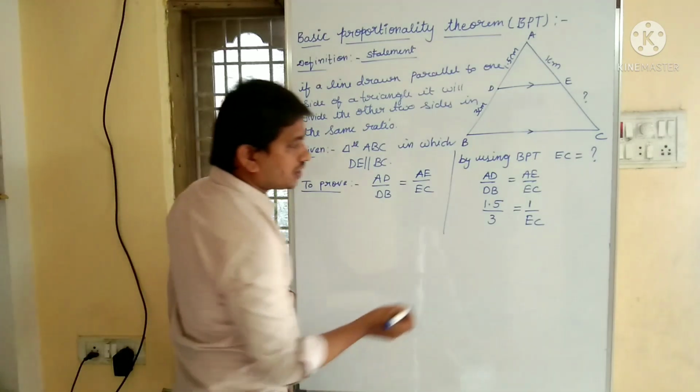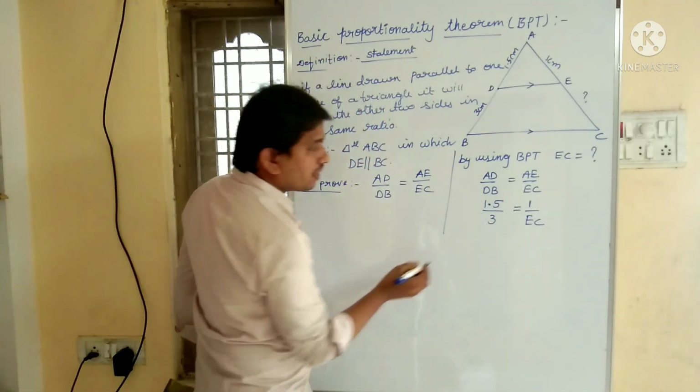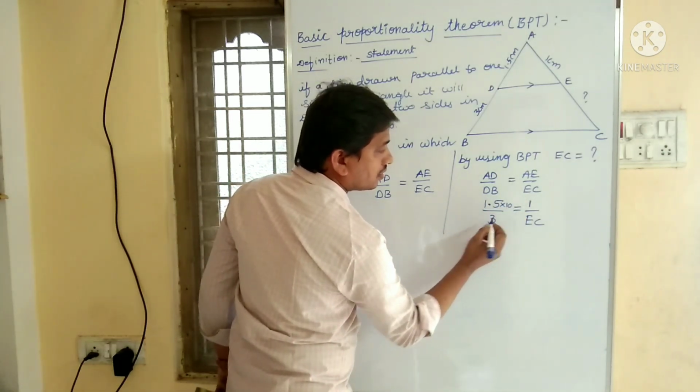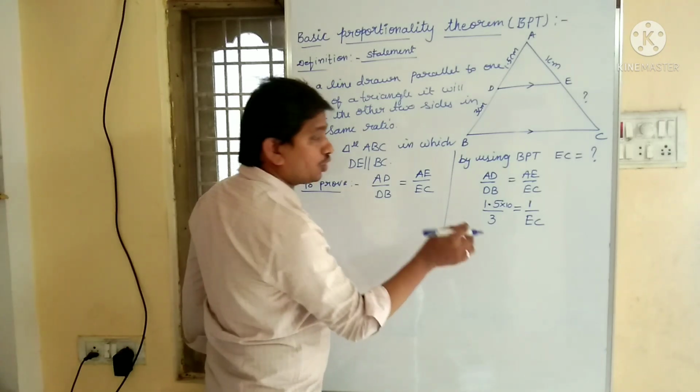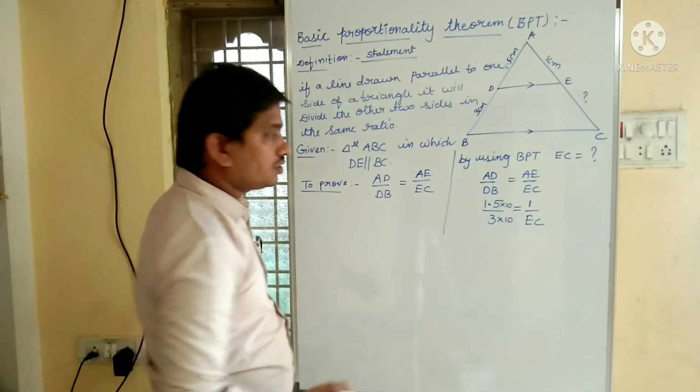Now what do you do, children? Here after the decimal point we have one digit, so let us multiply by 10. Once we multiply the numerator, at the same time we need to multiply the denominator also.